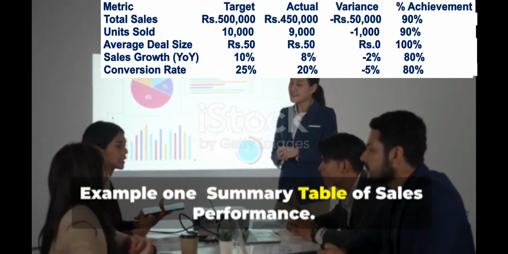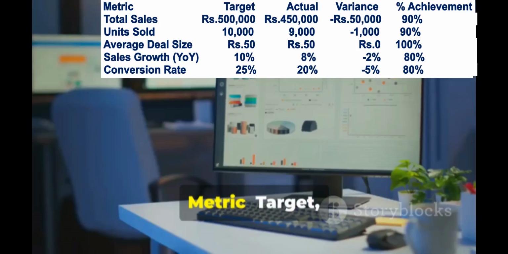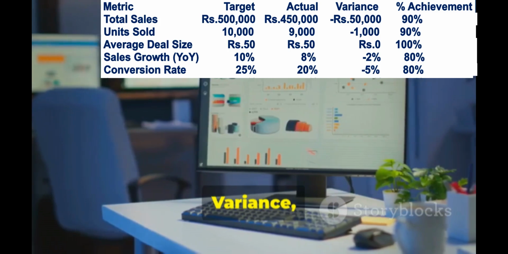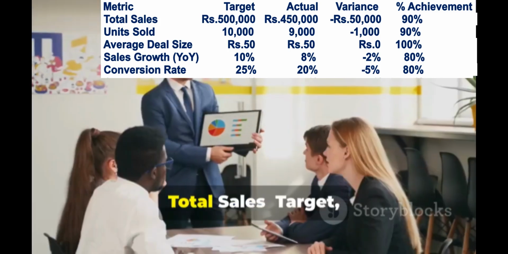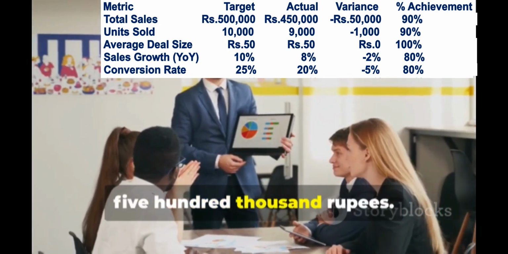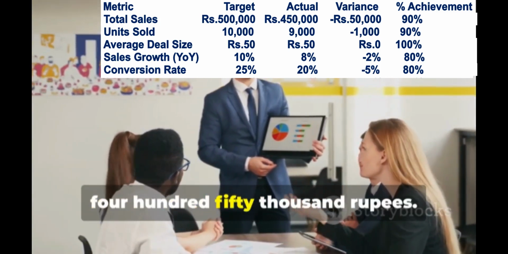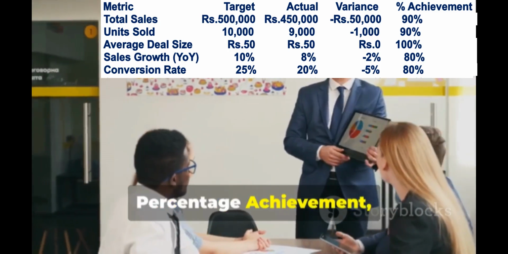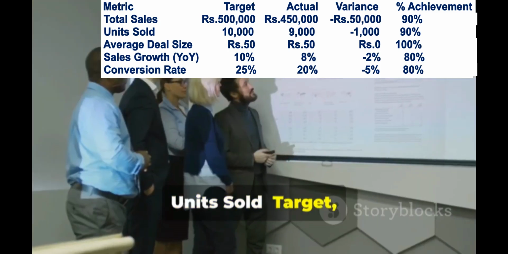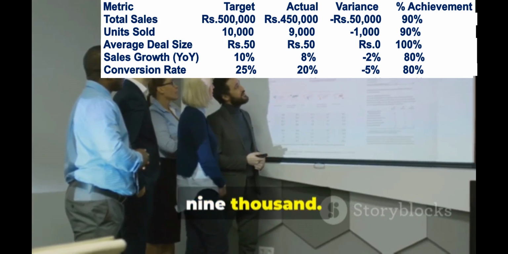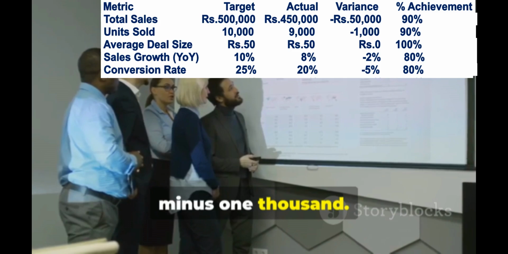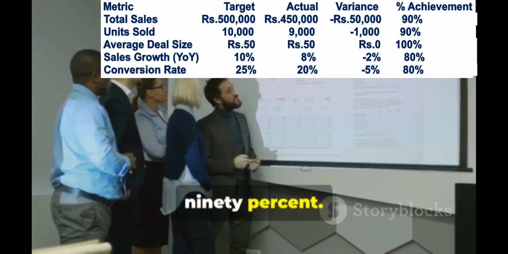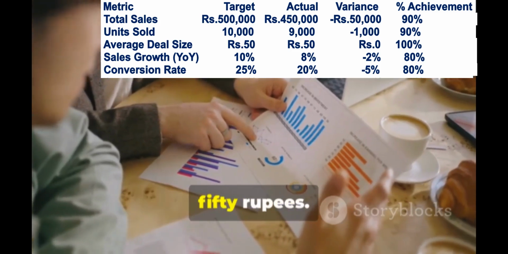Example 1, summary table of sales performance. Metric: target, actual, variance, percentage achievement. Total sales target, 500,000 rupees. Actual 450,000 rupees. Variance minus 50,000 rupees. Percentage achievement 90%. Units sold target 10,000. Actual 9,000. Variance minus 1,000. Percentage achievement 90%. Average deal size target 50 rupees.